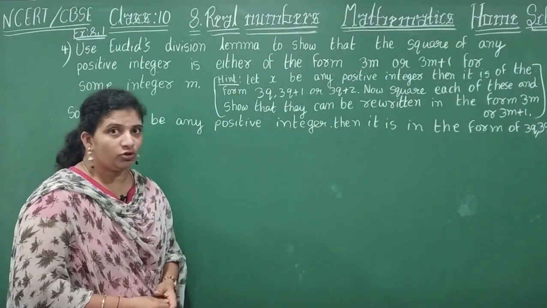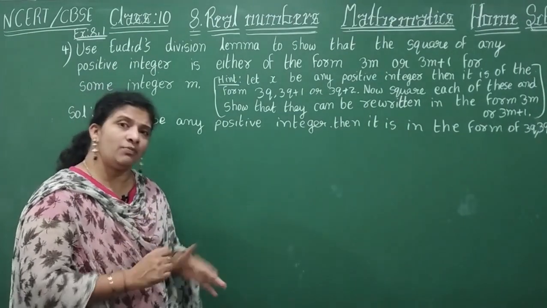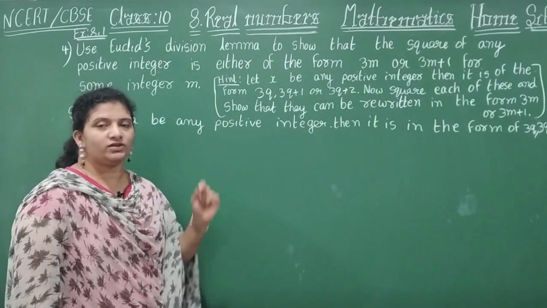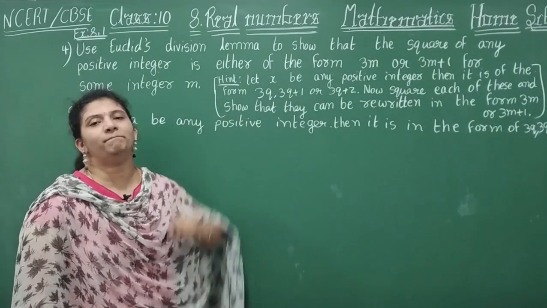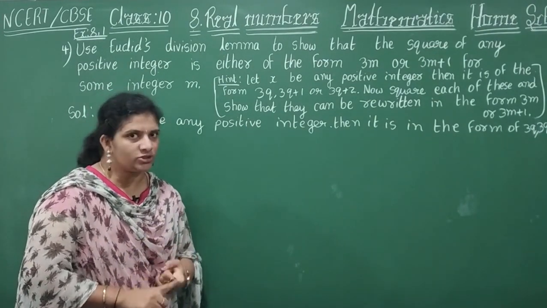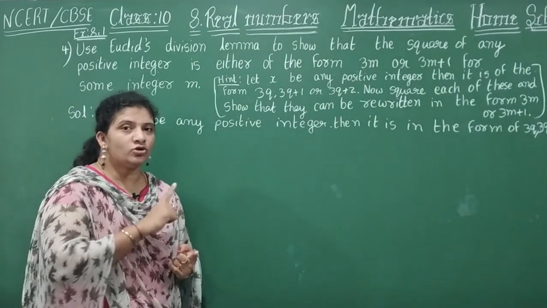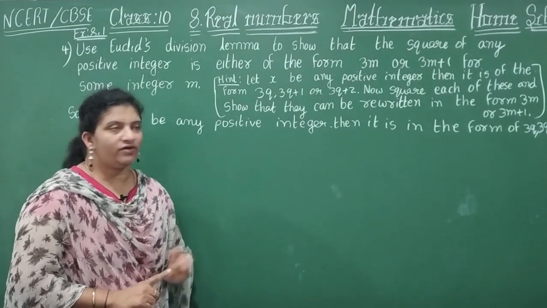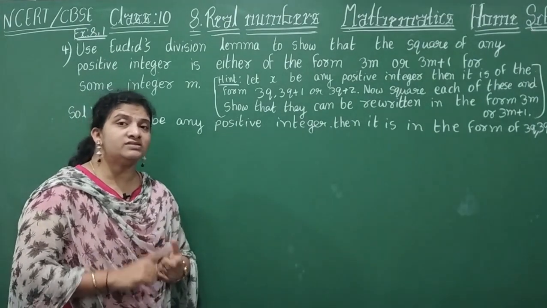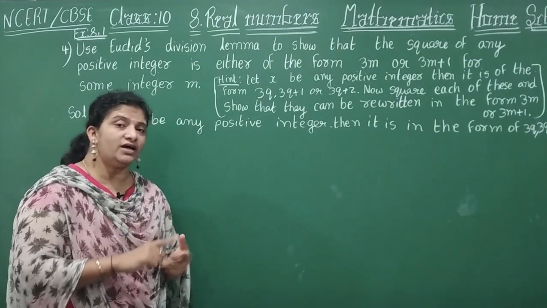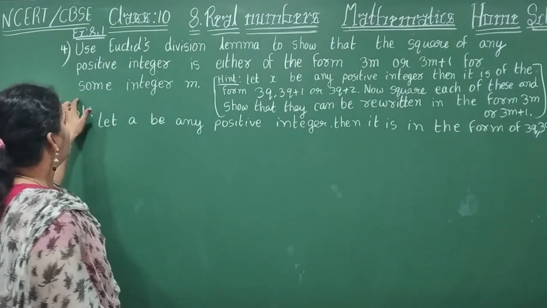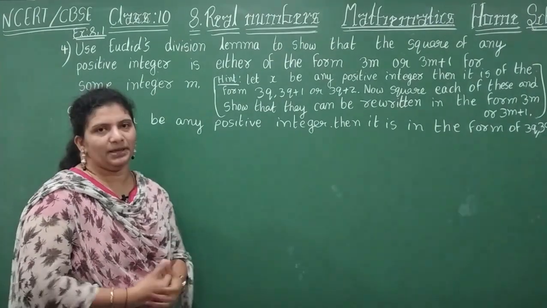So what we need to show here? Square of any positive integer is either of the form 3m or 3m plus 1. So here, children, observe here, we need to consider a positive integer, and we need to show that the square of the integer is in the form of 3m or 3m plus 1, for some integer m.